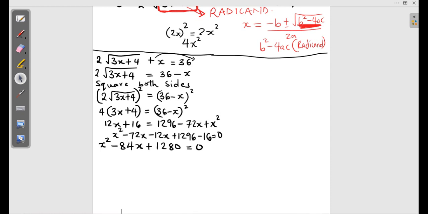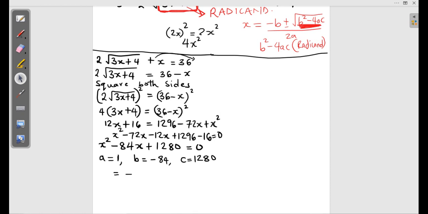But most times when you have high numbers like this, it is advisable to use the quadratic formula so that you don't waste so much time thinking of the two numbers. My a is the coefficient of x squared, which is 1. My b is the coefficient of x, which is negative 84. My c is the constant, which is 1280.